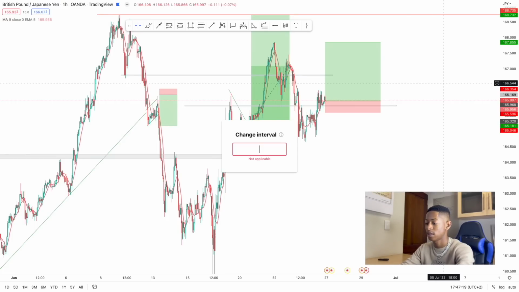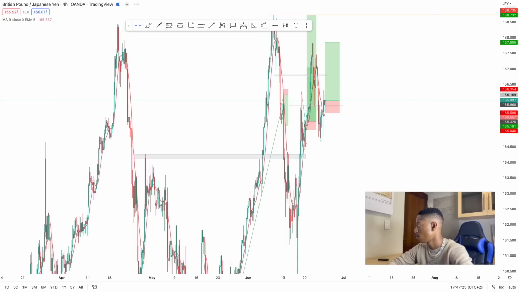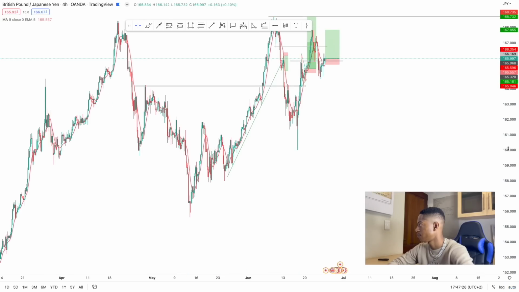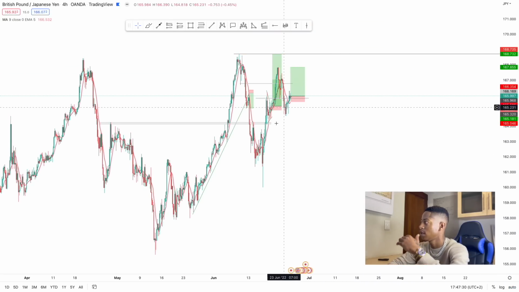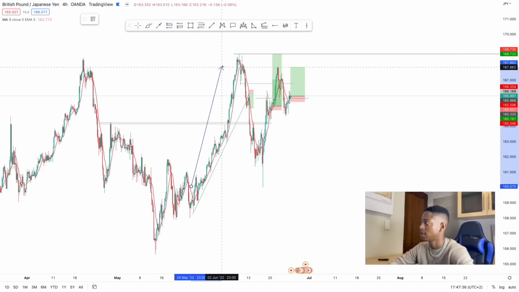Okay, so let's start off first with the 4 hour chart. During the week, during that 4 hour move we've been looking at, price has been impulsing all the way to the upside, and then price started to shoot a bit more to the downside.